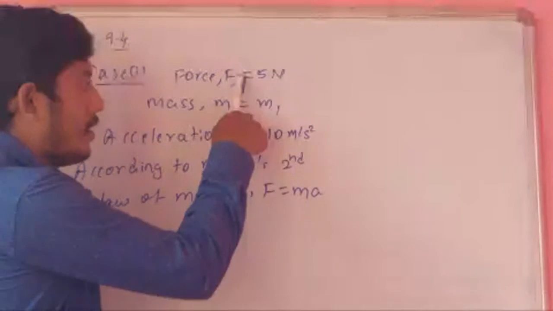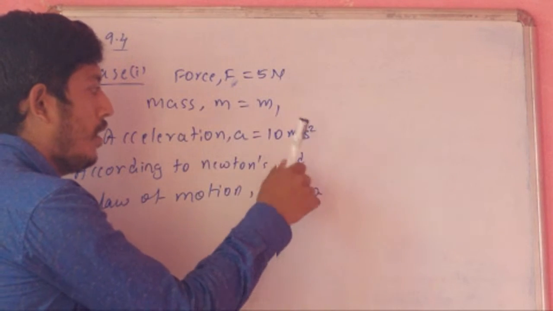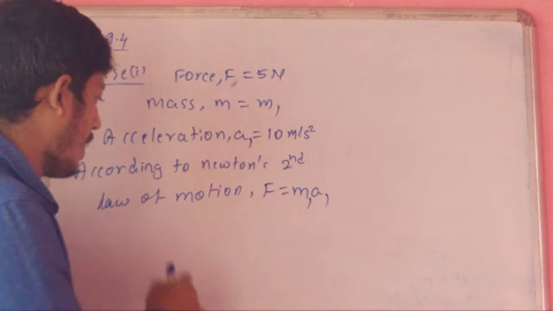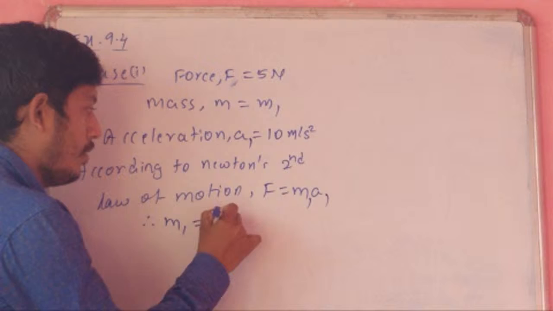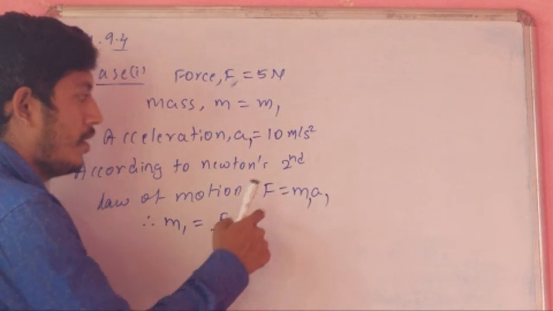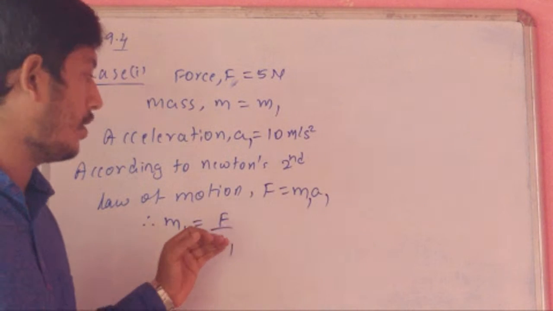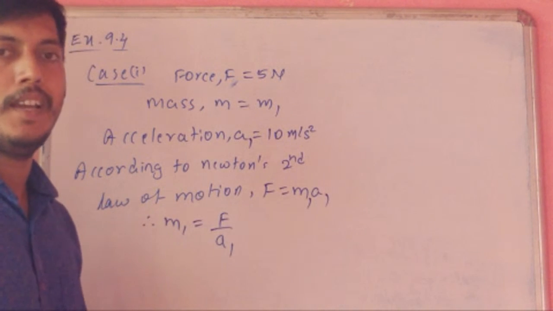So here F as F, m as m1, a as a1. Therefore m1 equals to F divided by a1, because a1 is multiplied with m here, when it goes to the other side it becomes division. So therefore m1 equals to F divided by a1.